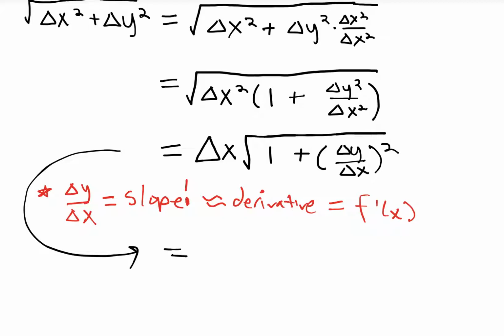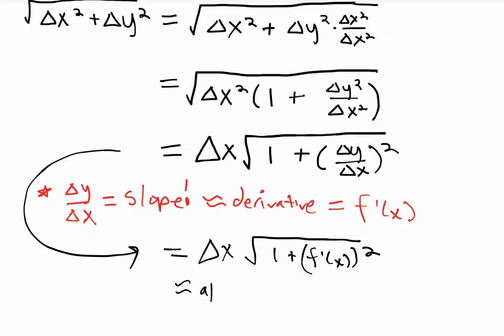I will write this as delta x root 1 plus my f prime function squared, and recall that this is going to give me my approximate length of my segment if I have a function to describe the segment.